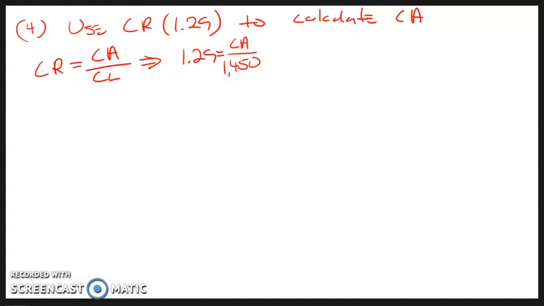So current assets are going to be the current ratio times current liabilities: 1.29 times 1,450, and that is $1,870.50.